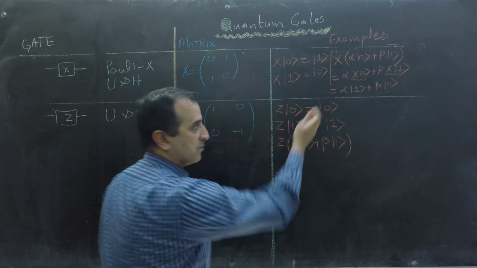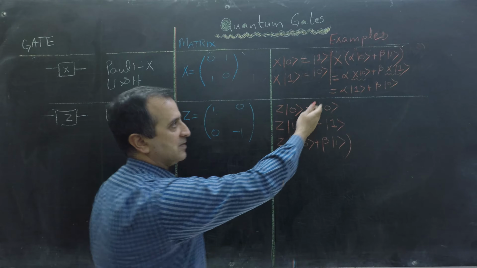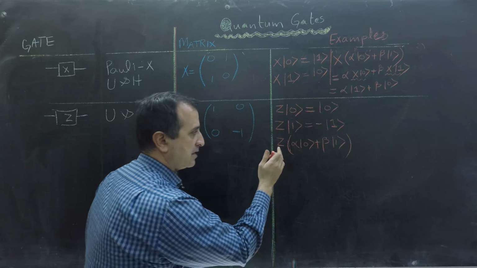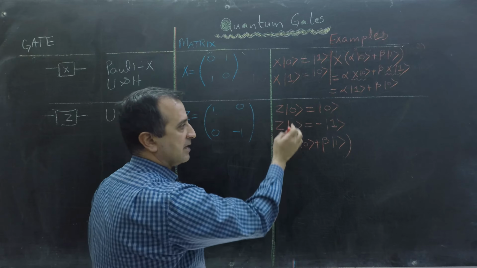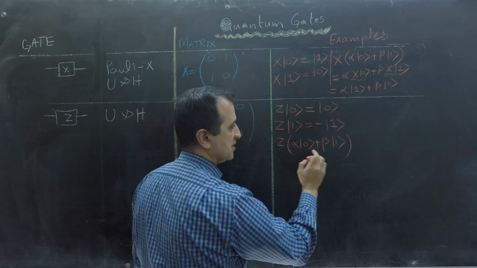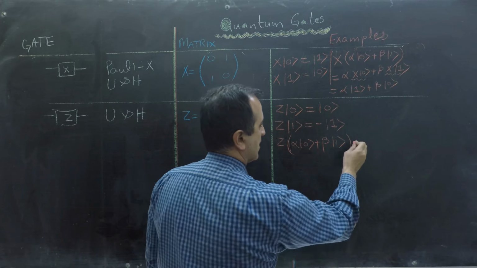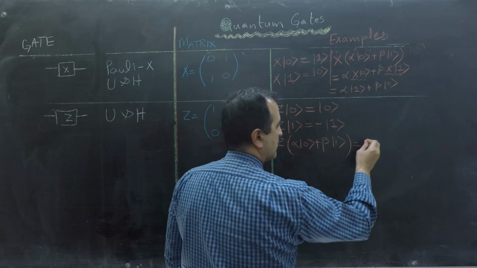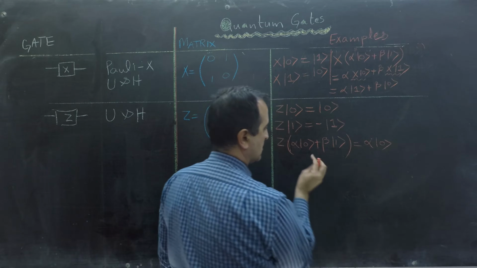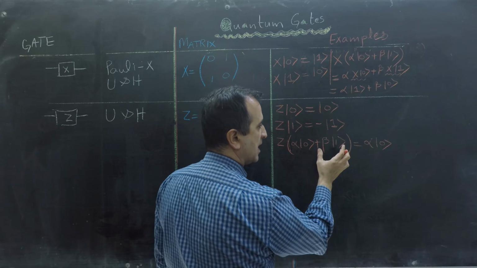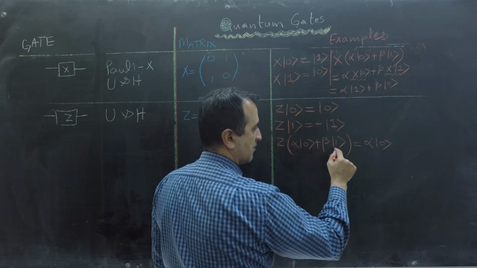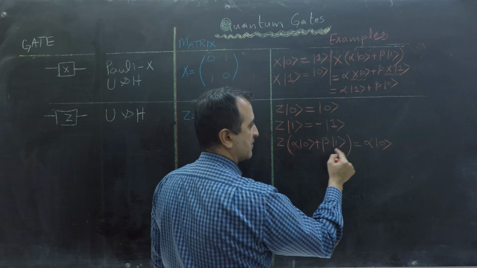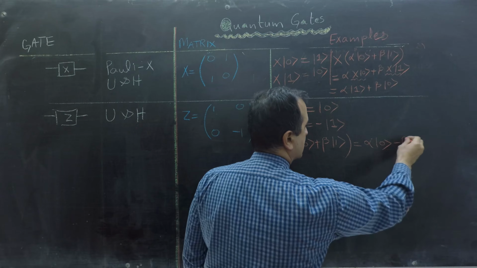Then because of the experience that we have with the X gate, we can quickly take Z inside this summation and apply Z on ket 0 and ket 1, and our answer will be alpha ket 0 remains the same, and here I will have a negative sign because ket 1 will become negative ket 1, so I will get minus beta ket 1.